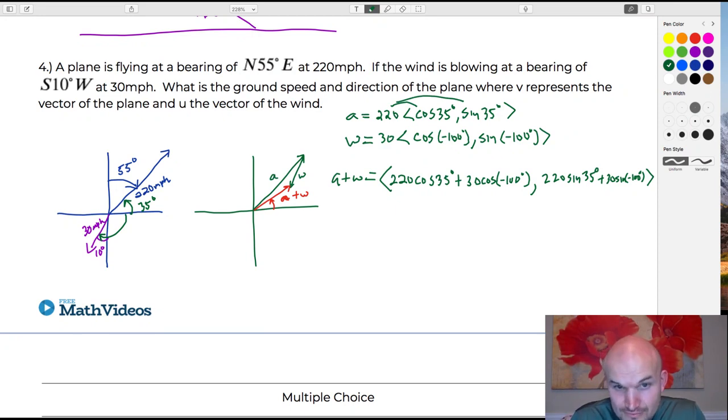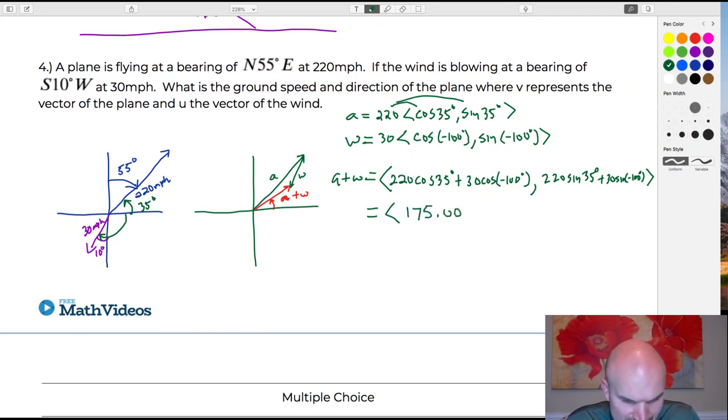Now, I will write in the answer, but I'm actually going to store them as well. So I'll do 220 times the cosine of 35, close the parenthesis, plus 30 times the cosine of negative 100, close the parenthesis. And I'll write in the vector rounded to the nearest hundredth. So I'll have 175.00. That's good.